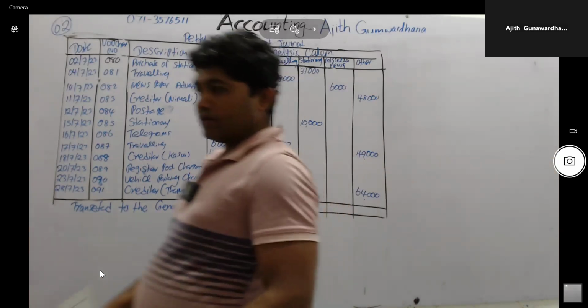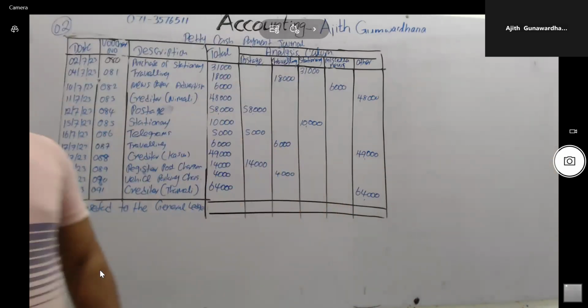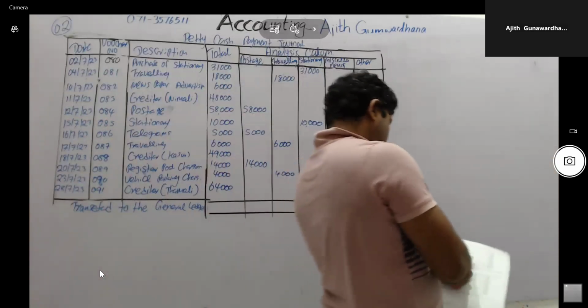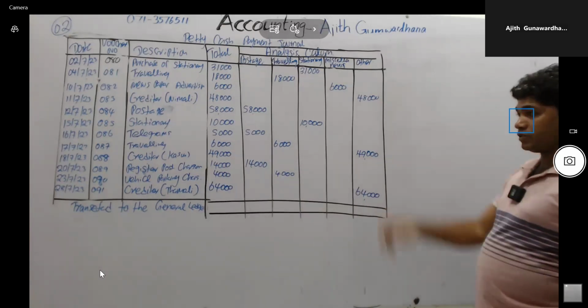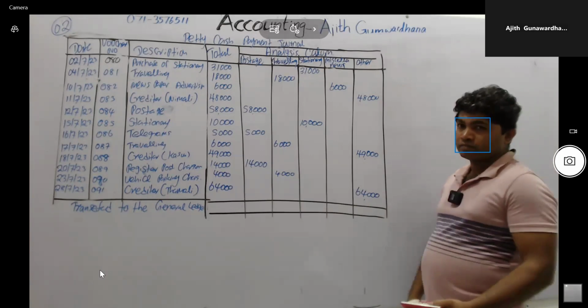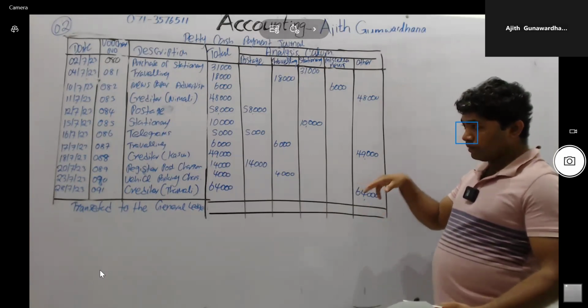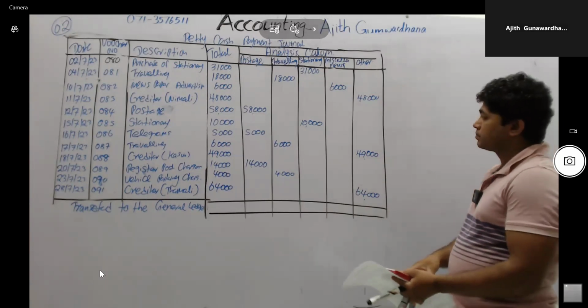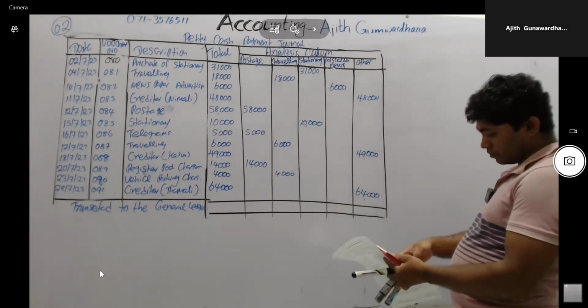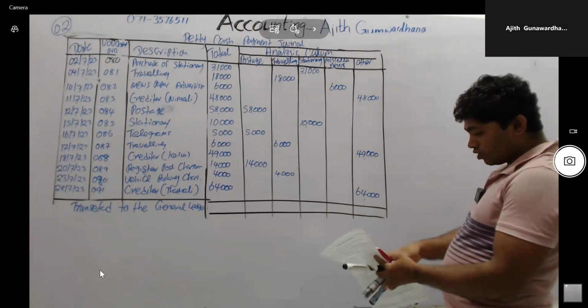Think how to prepare the petty cash payment journal. Only small amounts of expense paid in cash will be recorded here. But the cash payment journal should record payments made by issuing checks. That part we have discussed already. Calculate the total value of each column.